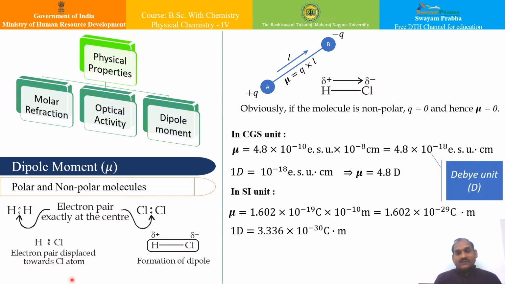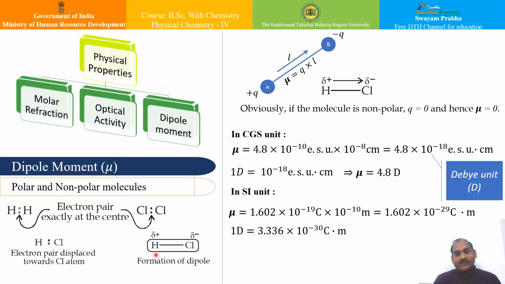So, because of this more electronegative atom, the electron pair is more attracted towards the chlorine atom instead of going to the hydrogen atom. And because of that, the chlorine end of the molecule acquires a slight negative charge, which we call minus delta, while the other end acquires a partial positive charge, that is plus delta.